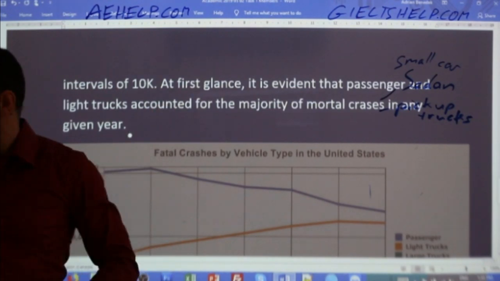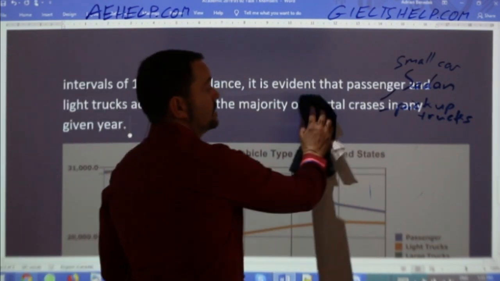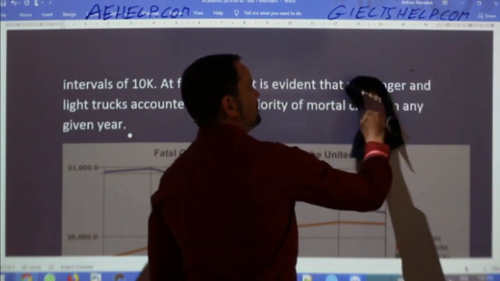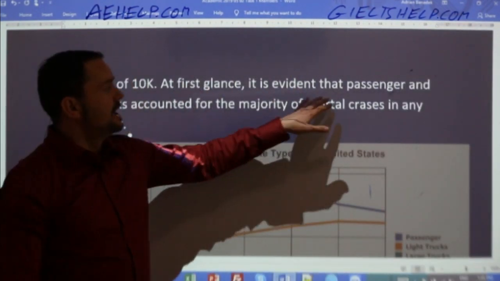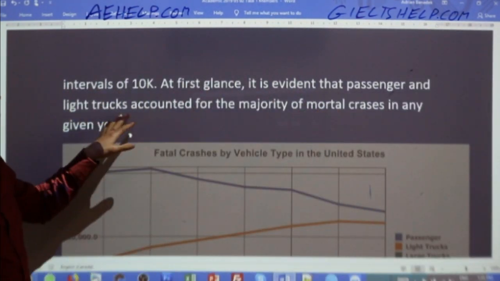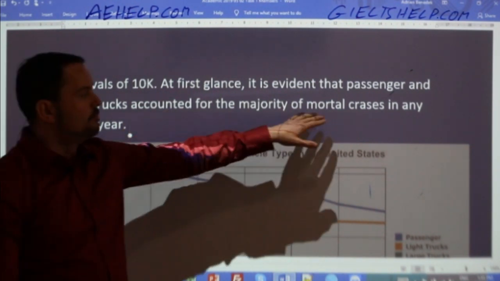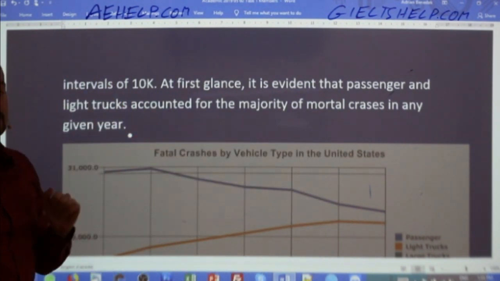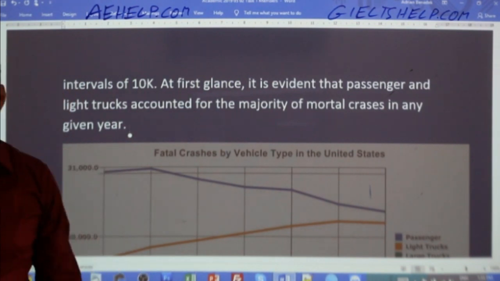At first glance, let me just erase this so you can clearly see it. At first glance, it is evident that passenger and light trucks accounted for the majority of mortal crashes in any given year. Okay?